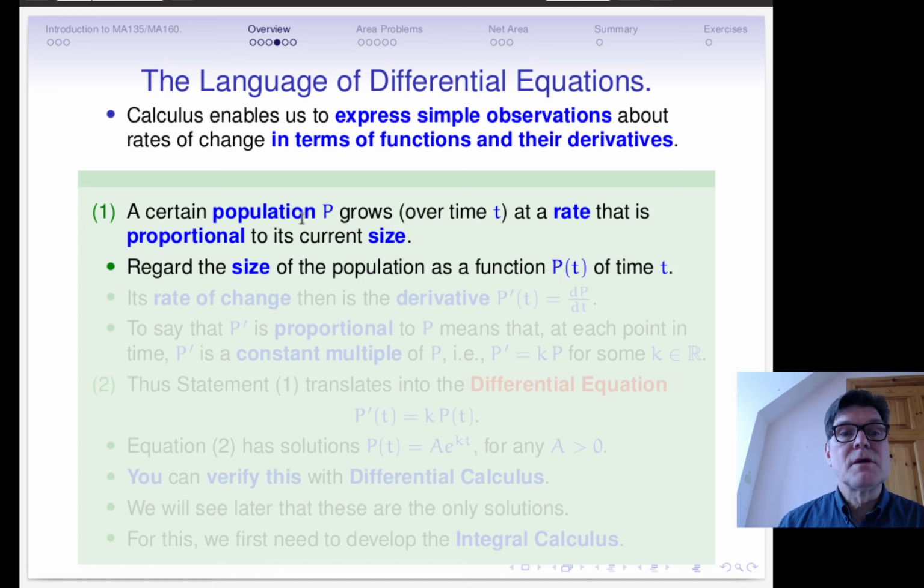Now we can describe population p as a function p of t of time t, and then its rate of change is its derivative, denoted by p prime of t, the derivative of p with respect to t.